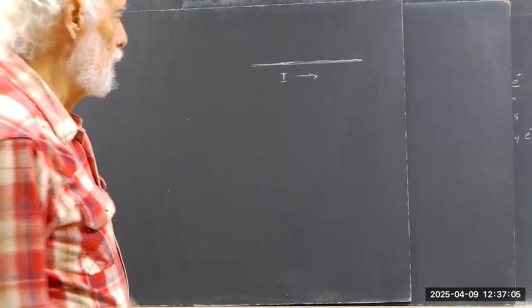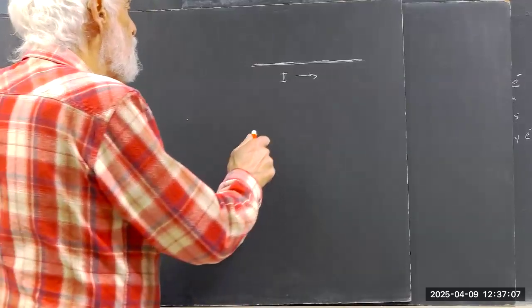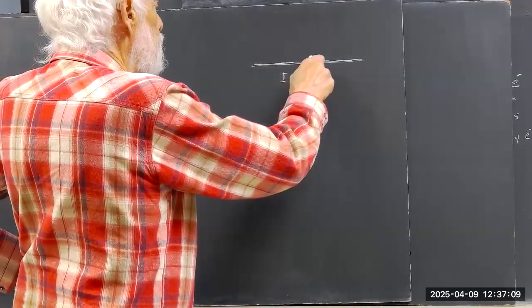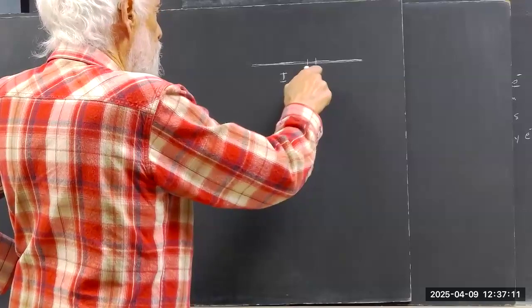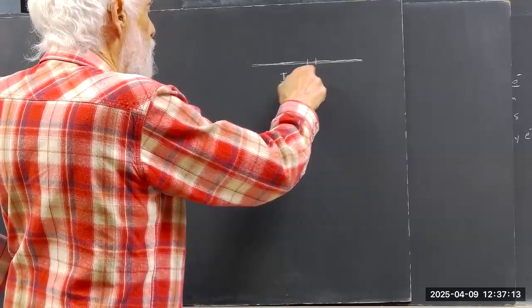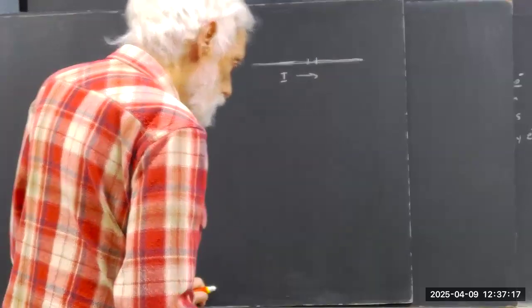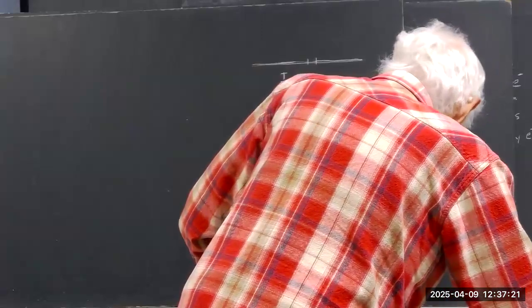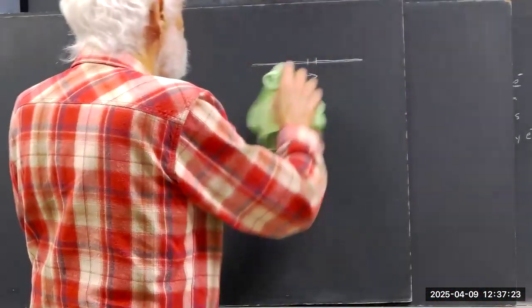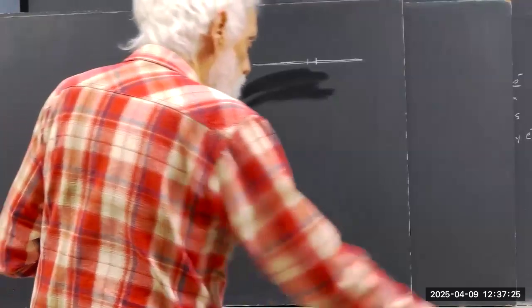If we've got a current in a conductor, and we take a delta L segment of the conductor, my arrows are in each other's way, so let me do my current.